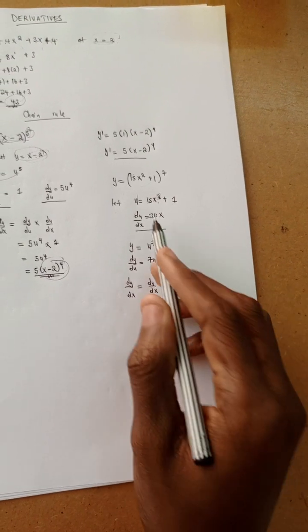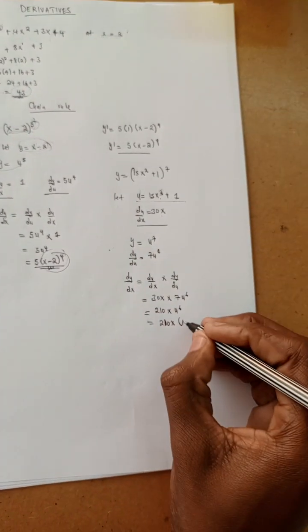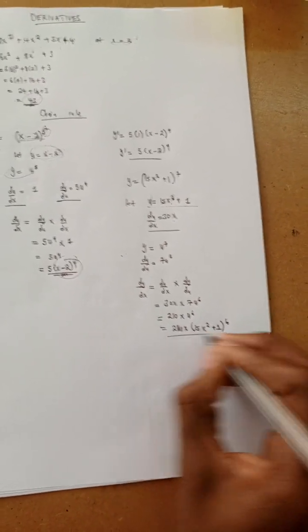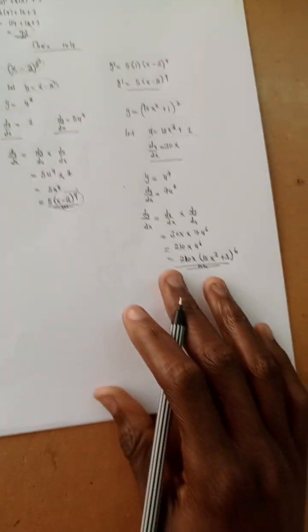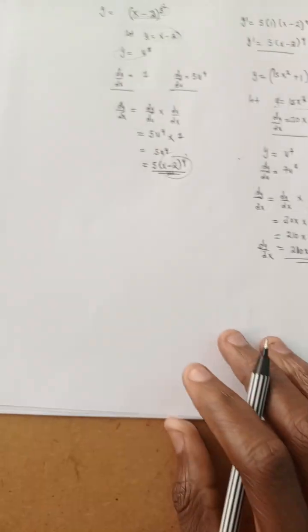Then we replace u with what we had. What did we have? Oh, we had that. So this is our first derivative. Can you say dy/dx is equal to that?